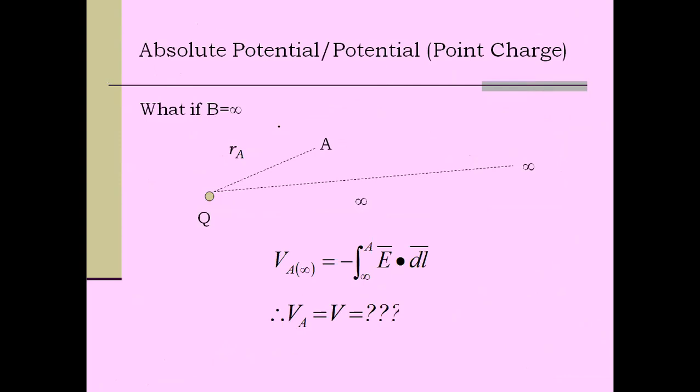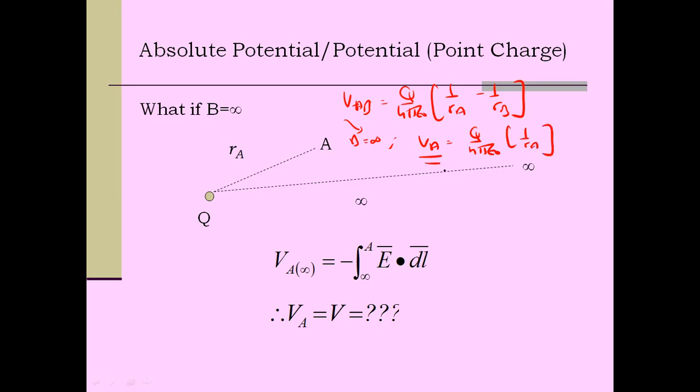Okay, back to this slide again. This is what we have discussed previously, that when we have VAB from the definition equals Q over 4 pi epsilon naught times 1 over RA minus 1 over RB, if the initial point B is at infinity, then VA simply will be Q over 4 pi epsilon naught times 1 over RA.